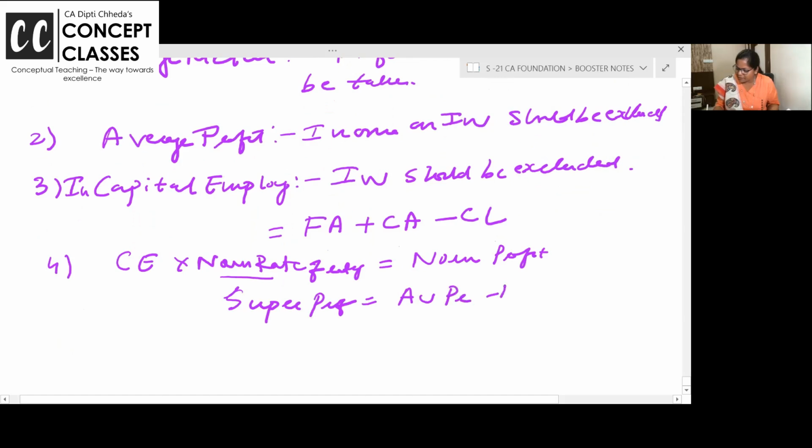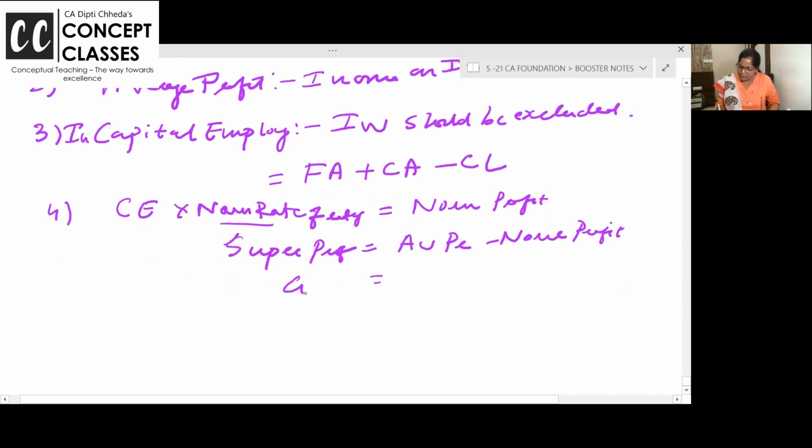Average profit minus normal profit. I know I've printed all these formulas in the book, but write them. This will be your super profit. Goodwill is equal to super profit into number of years.